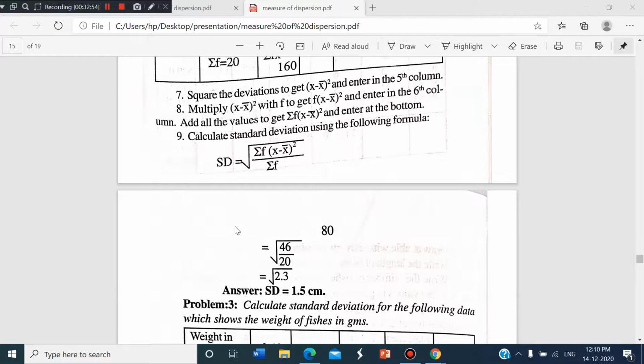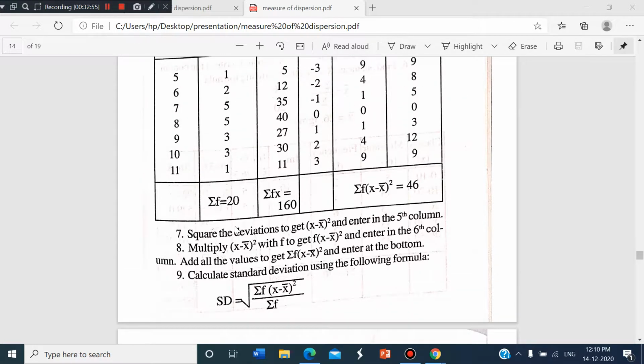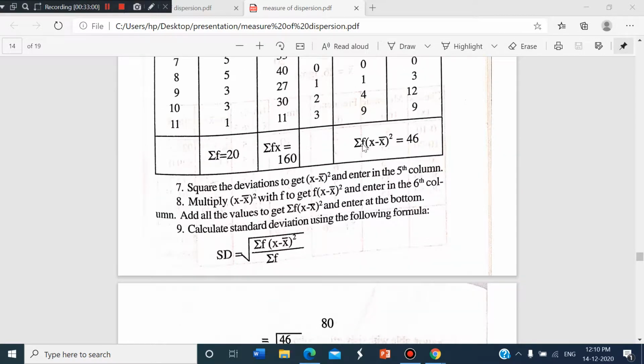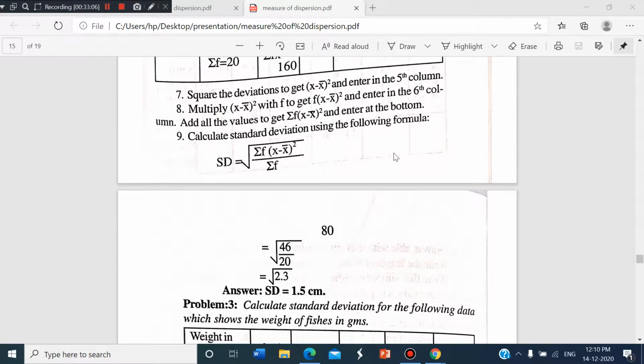We know that summation f into x minus x bar square equal to 46. Then the square root of 46 divided by 20.